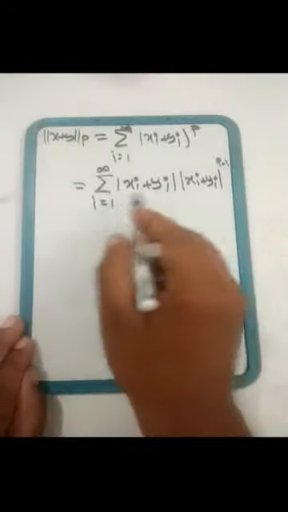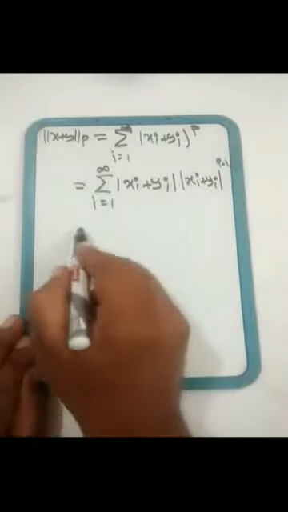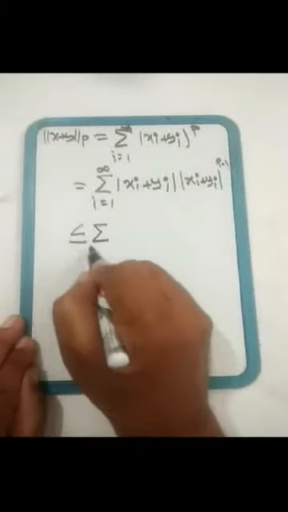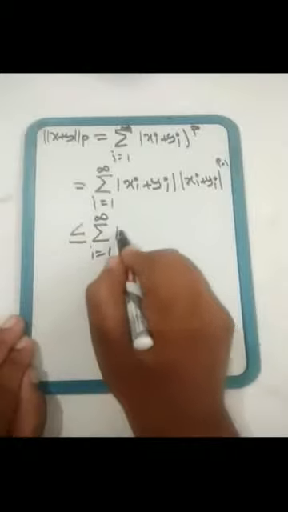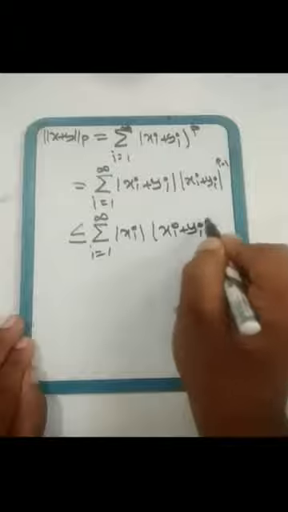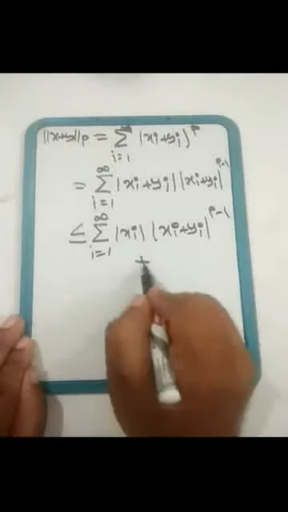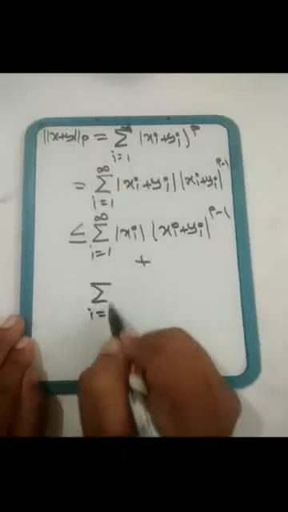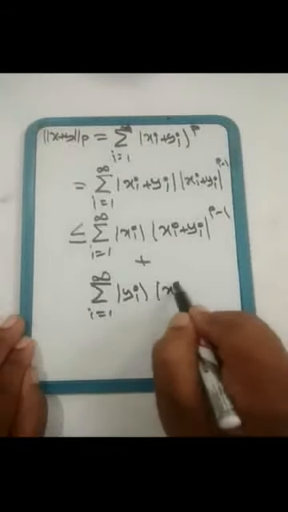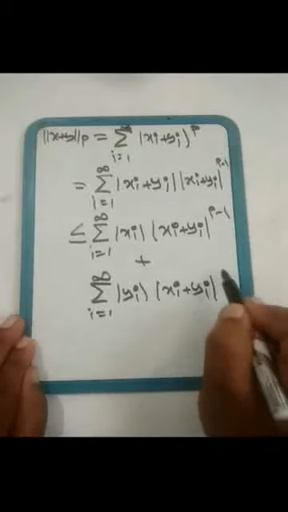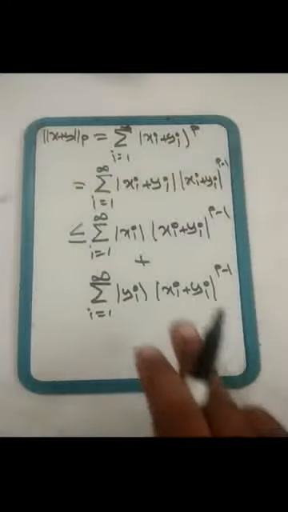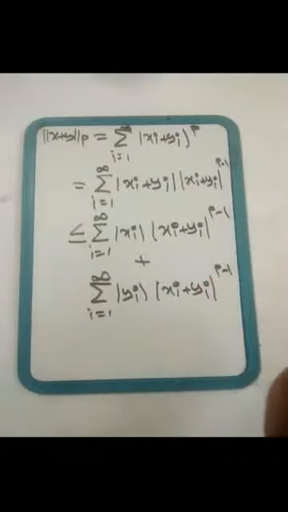If we write partial sums and so on, this is less than or equal to the sum from 1 to infinity of mod xi times mod of xi plus yi, to the power p minus 1, plus the sum from i going from 1 to infinity of mod yi times mod of xi plus yi. It's what power? It's p minus 1 power. Okay. And you have this thing.